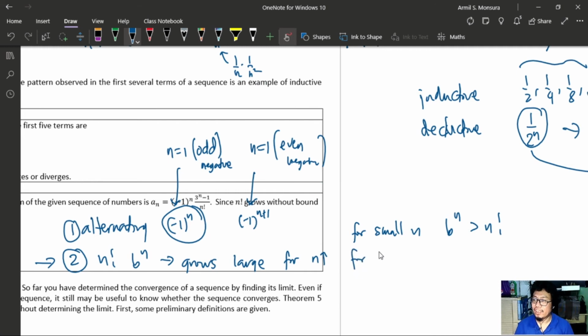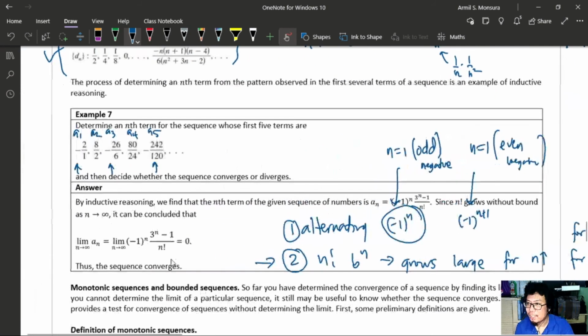But for larger n, I don't know what the limit is. It actually depends on the base. But generally, at some point n factorial would overtake your exponential. So if you're seeing that your numbers are growing large for the first few terms, that might represent an exponential, rather than a factorial.